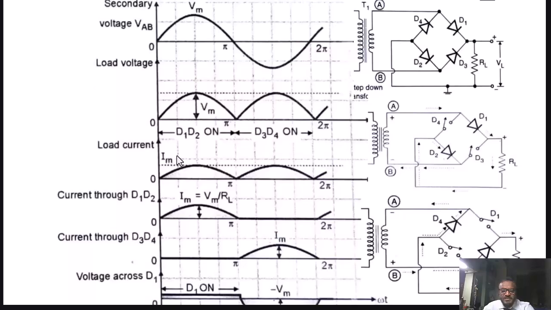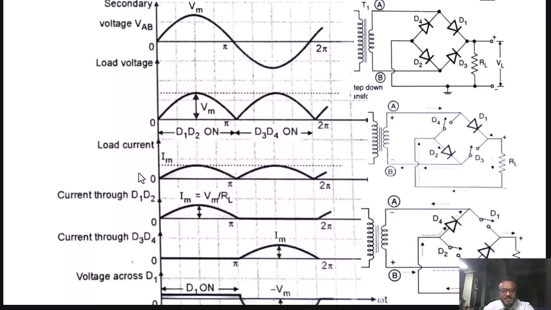Therefore, Im is equal to Vm divided by Rs plus twice Rf plus RL, and that is the peak value of the load current, and the wave shape is analogous to the voltage wave shape.